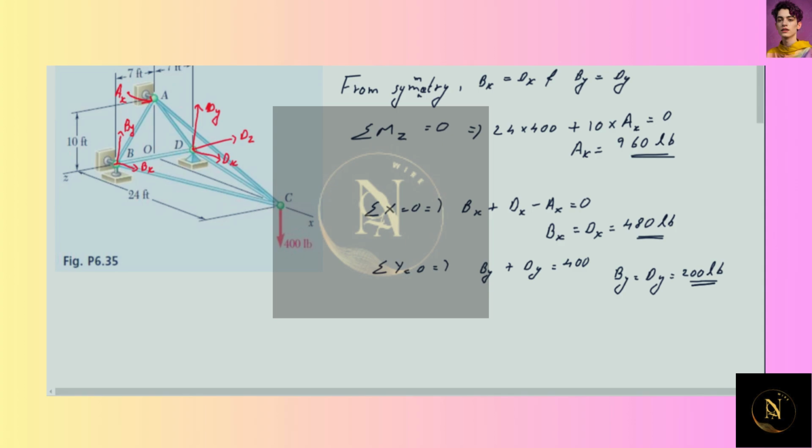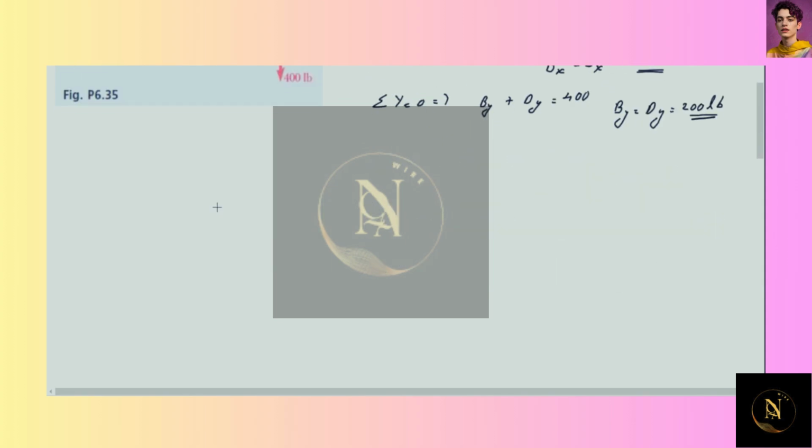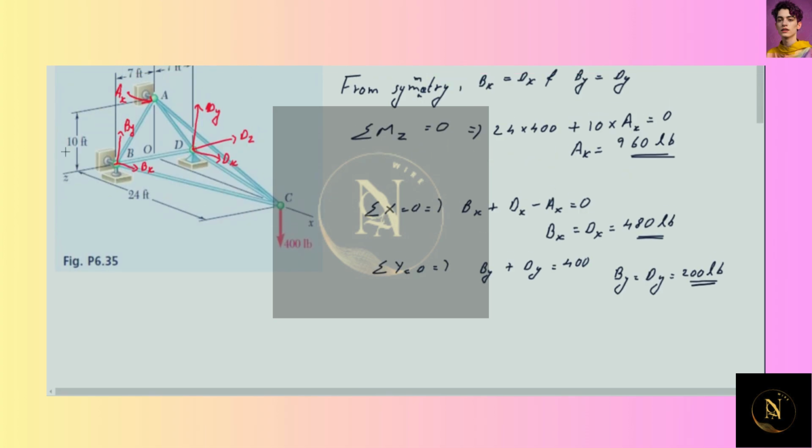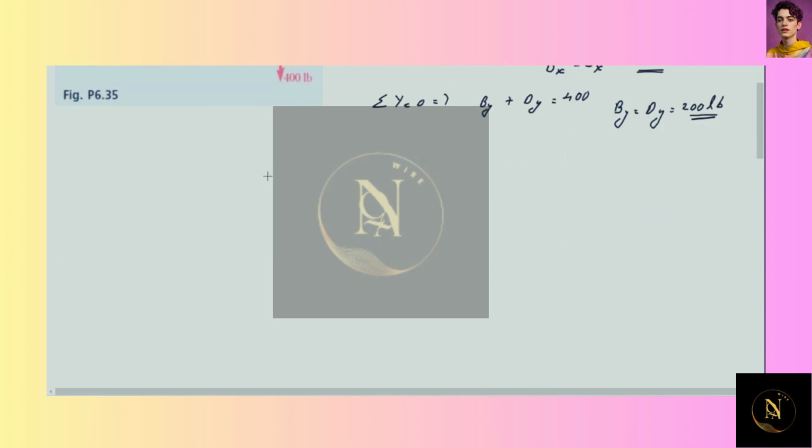Now let's solve at joint C. Joint C connects members AC, BC and DC. Let's calculate the distances first.